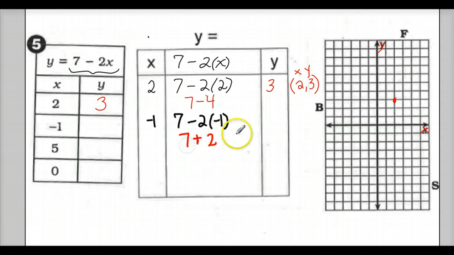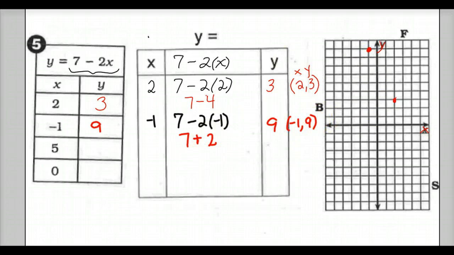And 7 plus 2 is 9. So our y value is 9. We're going to put it both there and there. And our ordered pair is (negative 1, 9). And remember, those always go in parentheses. So now I start at my origin, I go negative 1 and up 9. So I go 3, 6, up 9, right there.